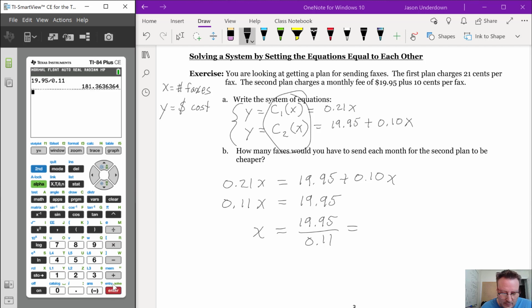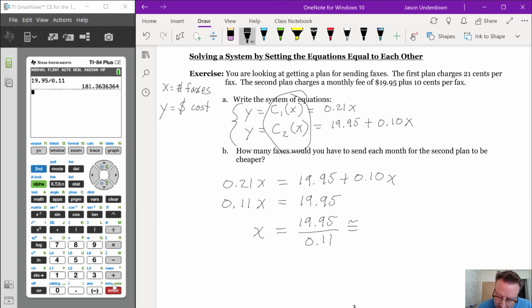Okay. And we find the quantity of faxes, because remember, x is the number of faxes we send each month, when the costs from the two plans equal each other, is about 181.4.